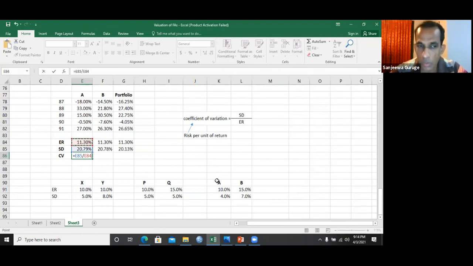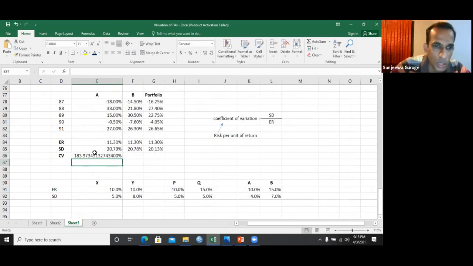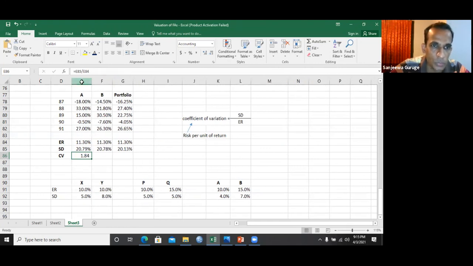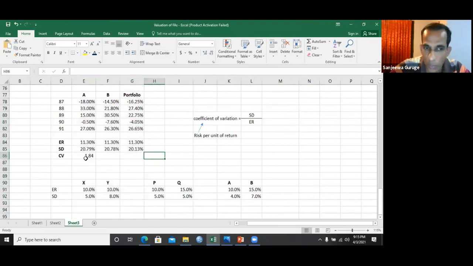What is the coefficient of variation for stock A? Oh, sorry, it is 1.84. So the coefficient of variation is 1.84.